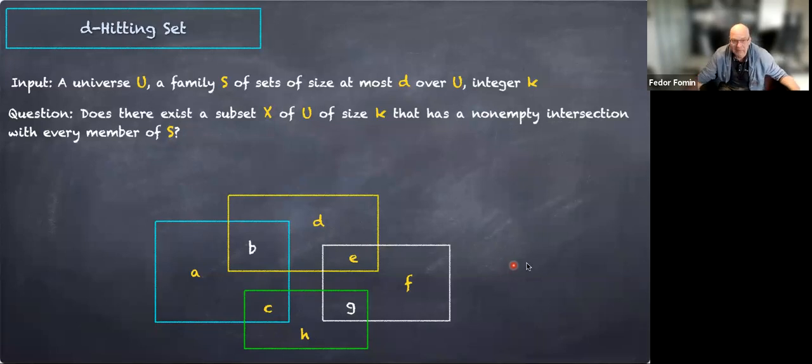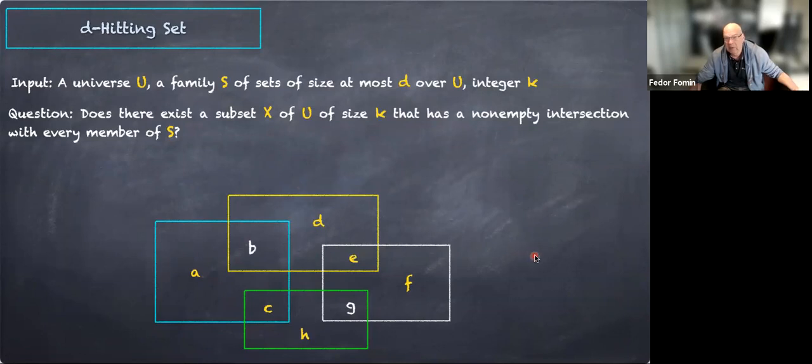In this example, I have a family of sets of size 3, four sets. This example has a hitting set of size 2: vertices B and G together intersect all sets in the family.